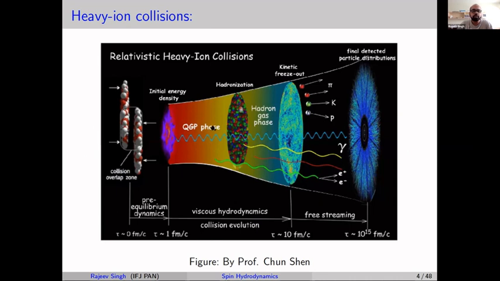Because we know, and it has been detected experimentally, that QGP is a nearly perfect fluid, and therefore hydrodynamics is the most widely accepted effective theory to understand this QGP evolution. So I'll be talking mainly about this collision evolution using perfect fluid hydrodynamics.